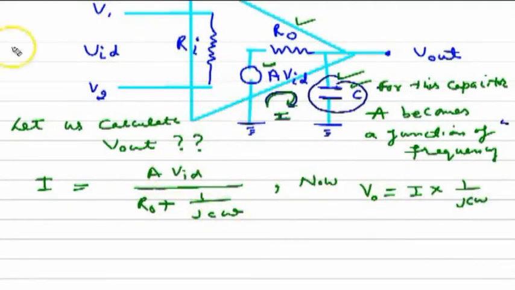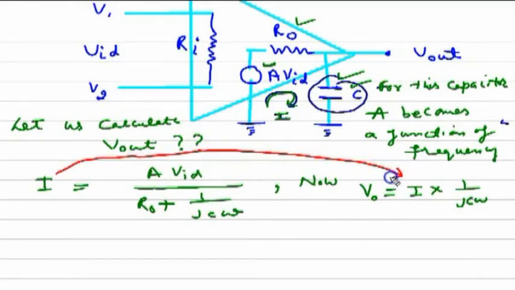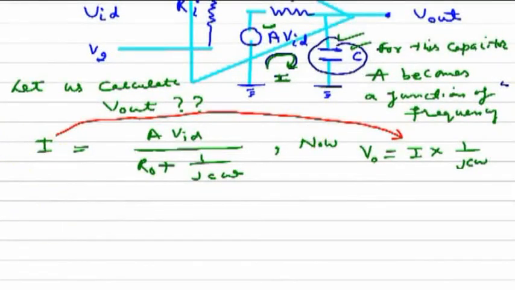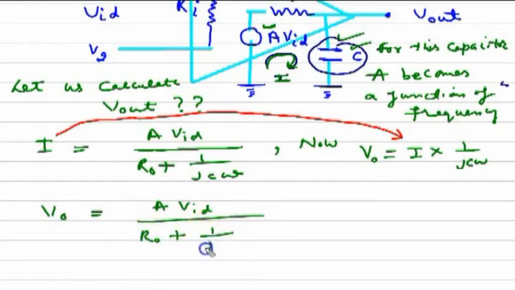Now substituting the value of I in the expression, V naught becomes equal to A into VID divided by R naught plus 1 over jC omega, multiplied by 1 over jC omega.